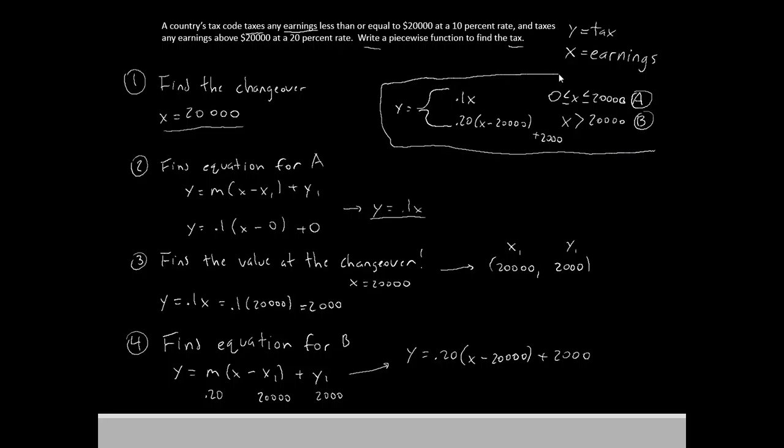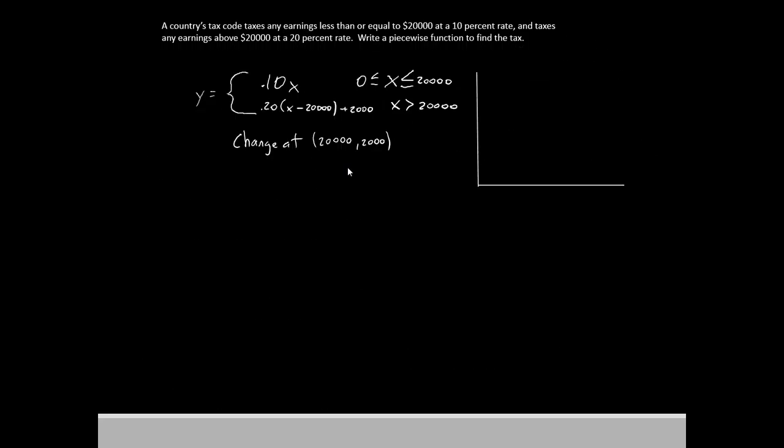Alright, and so that is our piecewise function. Our piecewise function is now complete. Let's go ahead and try to graph it. So here's our piecewise function again, and we know that the changeover is at 20,000. So the first thing we should do is draw a vertical line, label it as x equals 20,000.